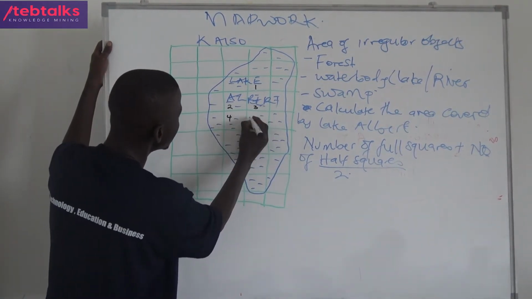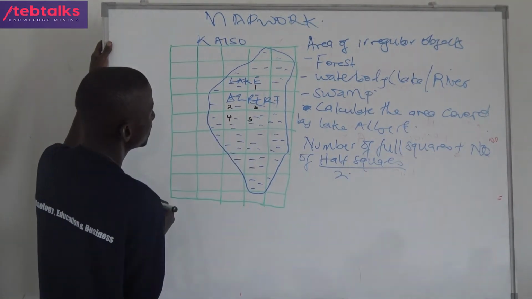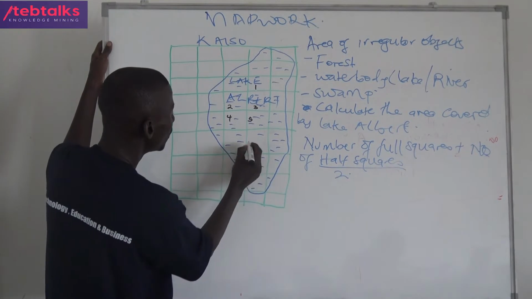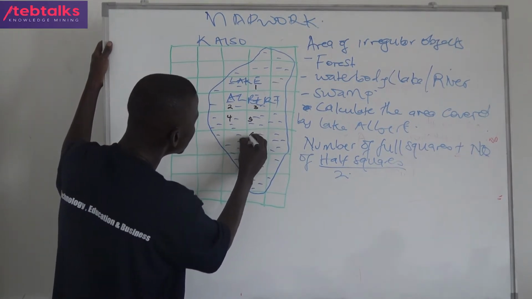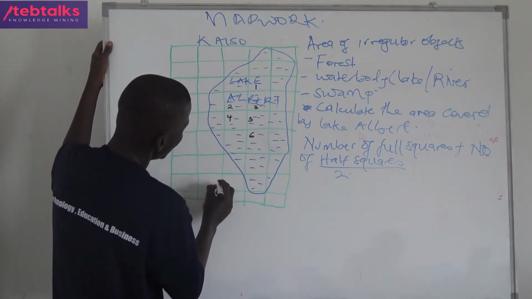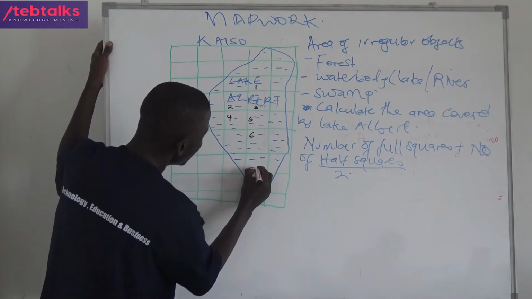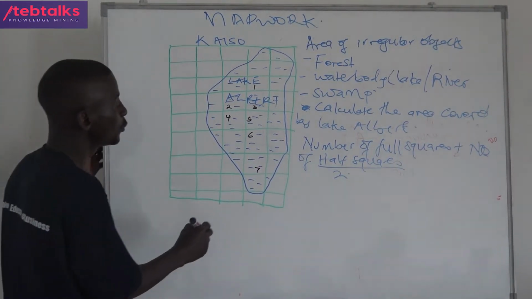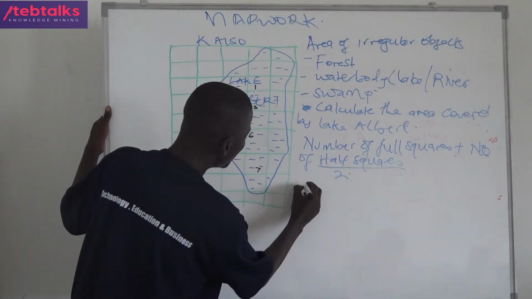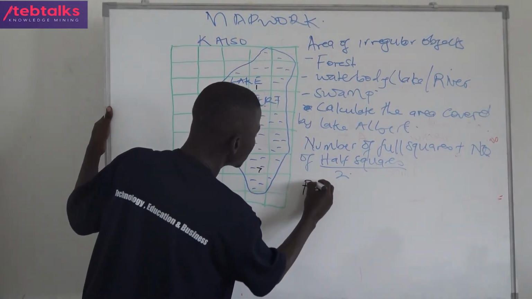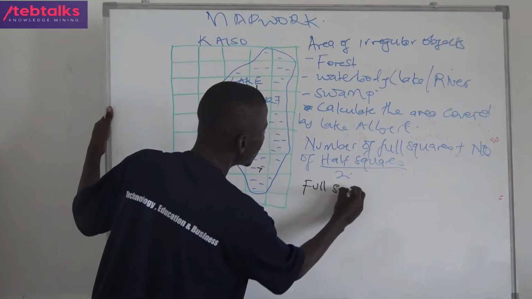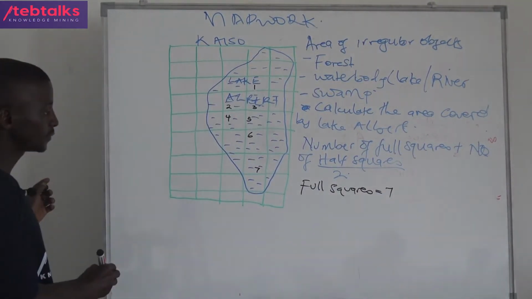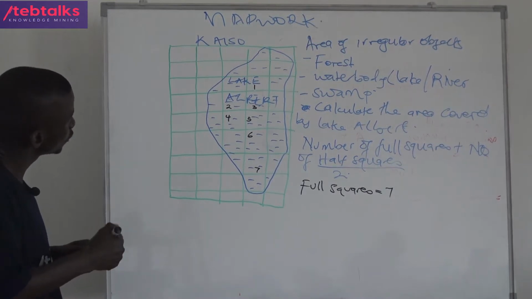This one, yes, 5. This one, no. This one, no. This one is fully covered, it is 6. This one is 7, also fully covered. So we have 7 full squares. Full squares are equal to 7.